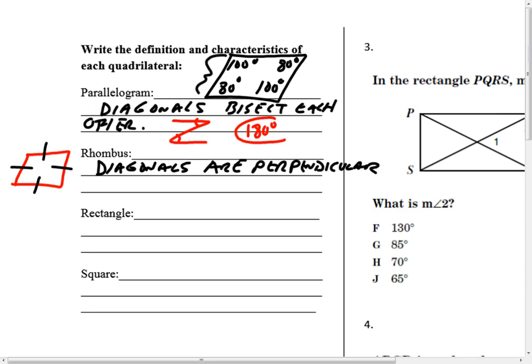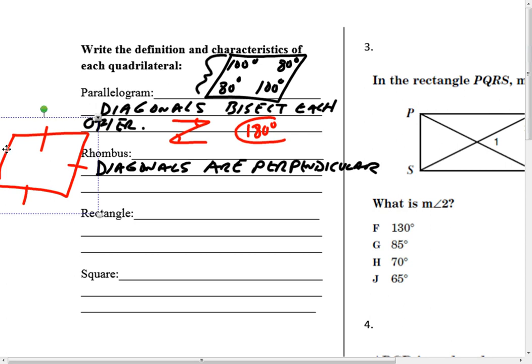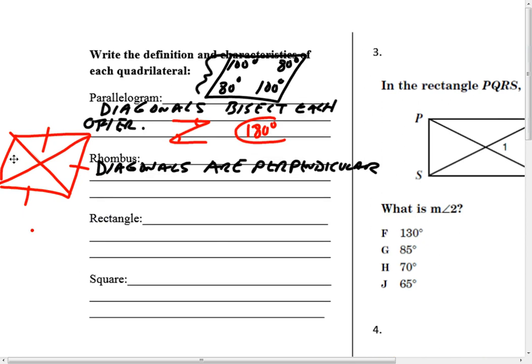So I put in, let's make this a little bit bigger. So I got that, and then I put in right angles in the center. So I think of a rhombus in terms of pictures.